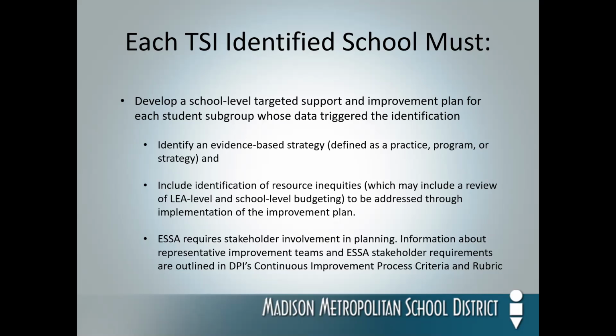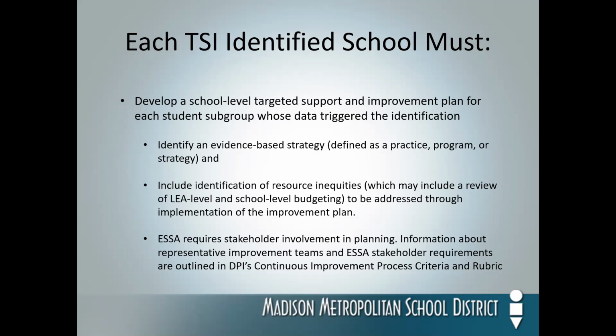You also will be including the resource inequities that you're going to be reviewing, so that you can change the budgeting process and look at where money is spent and whether it is an equitable way of spending the money and providing support for these students. Finally, stakeholder involvement in planning is required.